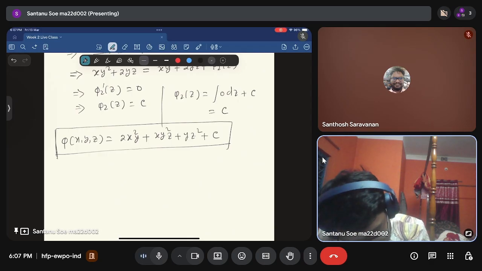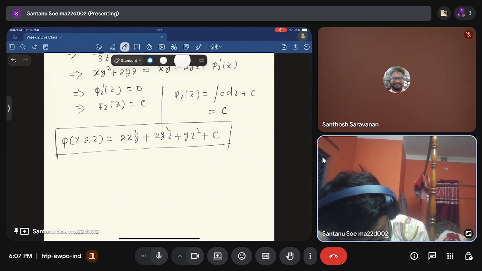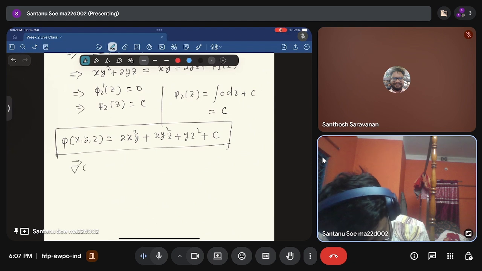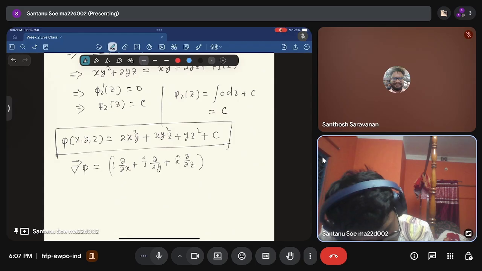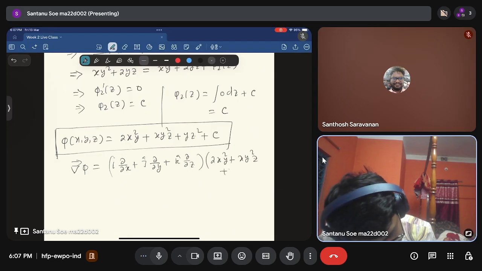So if you take nabla of phi, then this is going to be i del x plus j del y plus k del z of 2x square y plus xy square z plus yz square plus c.